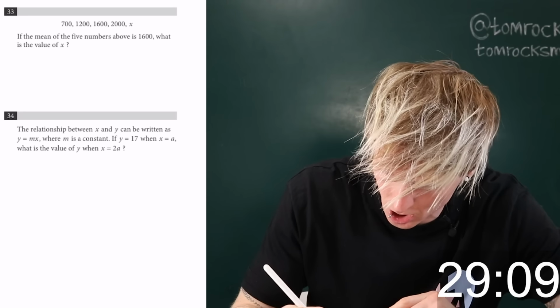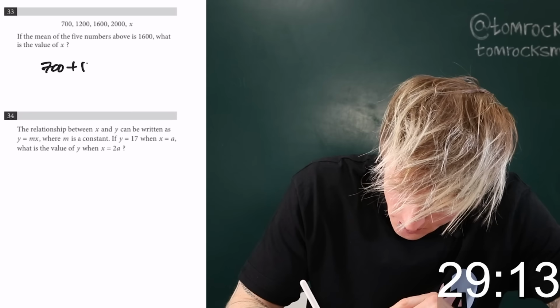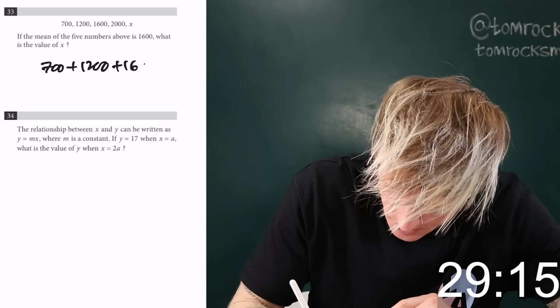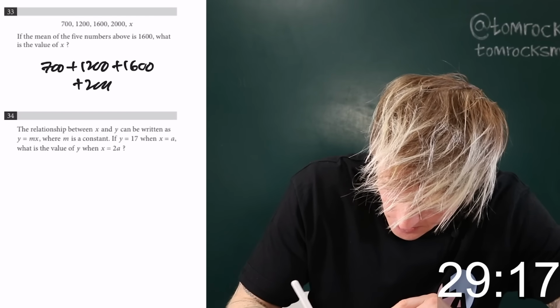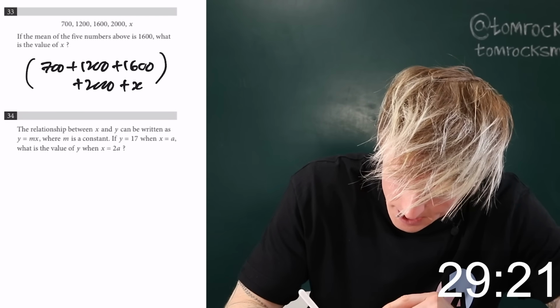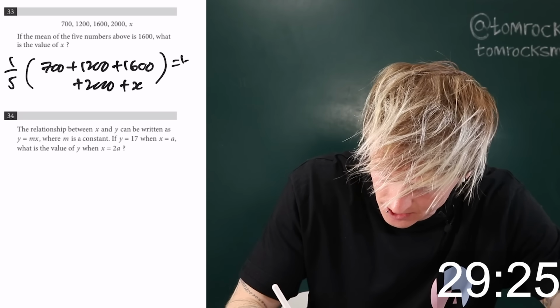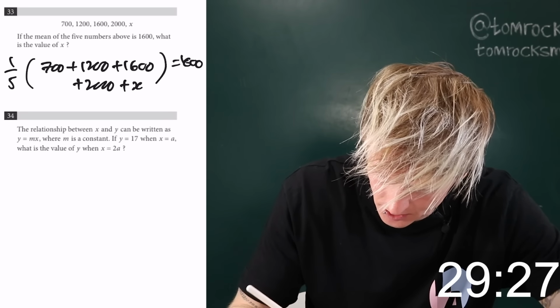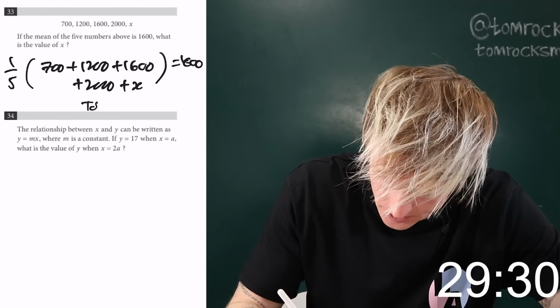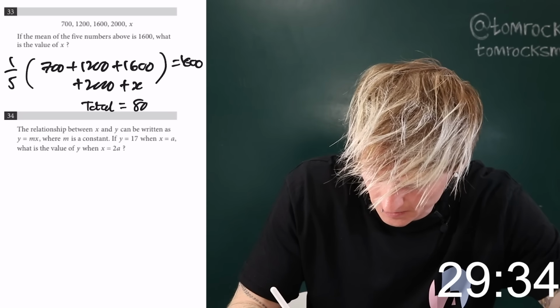Okay, 33. The mean of the 5 numbers. So 700 plus 1200 plus 1600 plus 2000 plus x, and then when you do a fifth times all of that for the mean, that has to equal 1600. So the total is 5 times 1600, which is 8000.